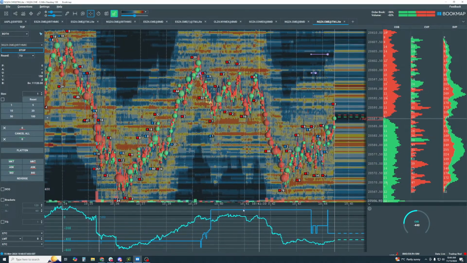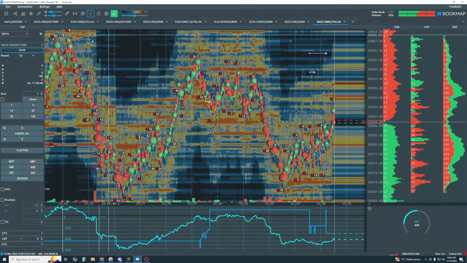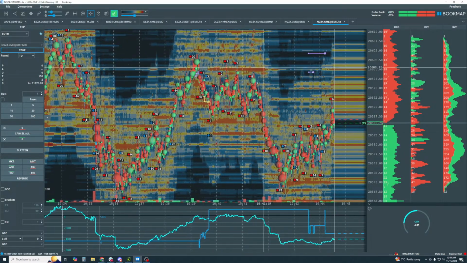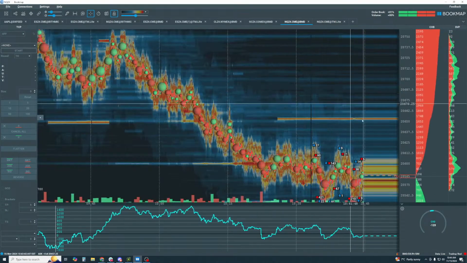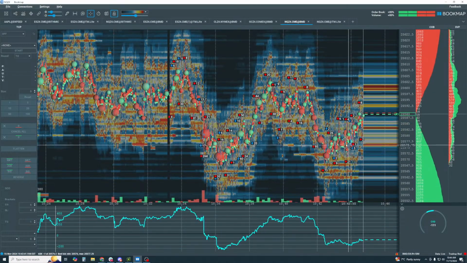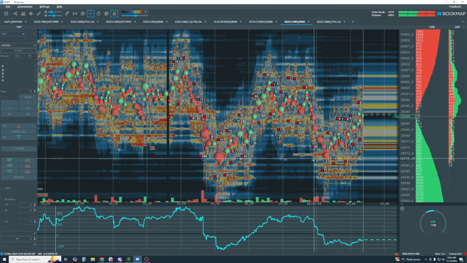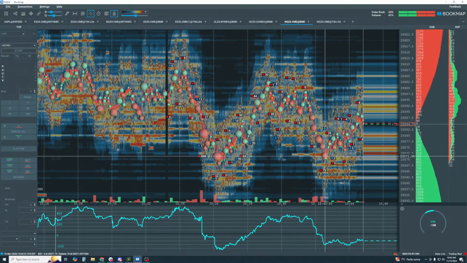So let's zoom out a little bit here. I don't have much data in the Trader Map Lite at the moment, but we can look at our NASDAQ regular chart here and what that looks like. All right, now we just made a bit of a higher low here.